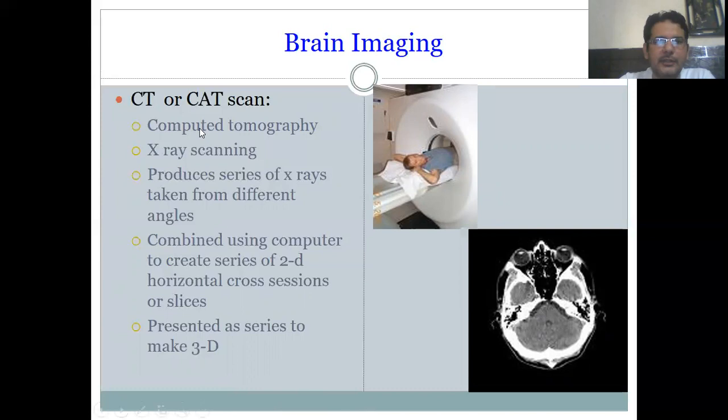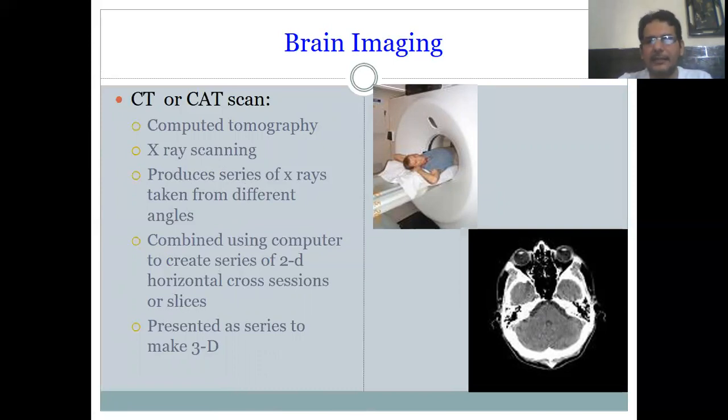This is computed tomography, and it is based on X-ray scanning. It produces a series of X-rays taken from different angles. This is more powerful because you are inside the machine and it takes the X-rays from different angles, and then the computer helps in creating 2D horizontal cross-sections or slices, and these cross-sections are computed together to make 3D images.